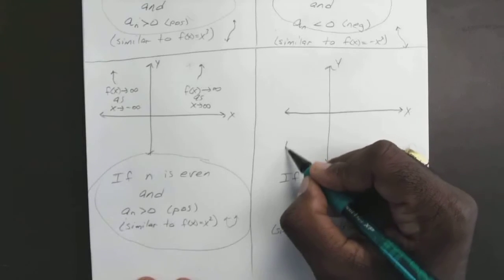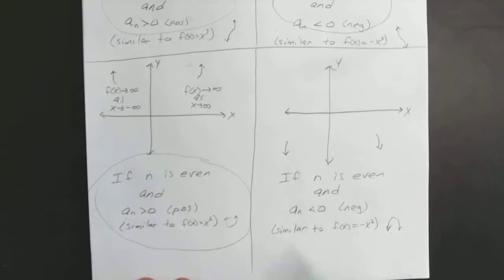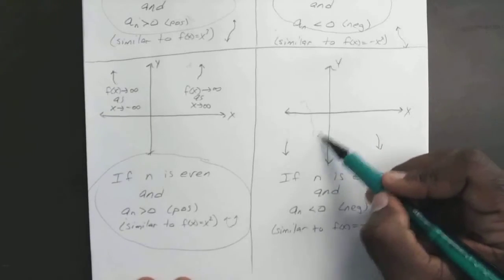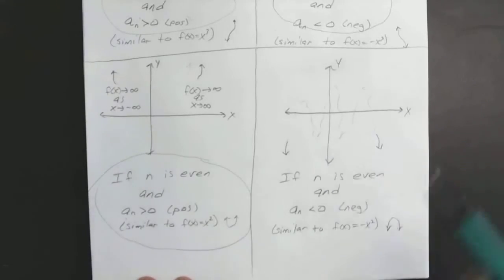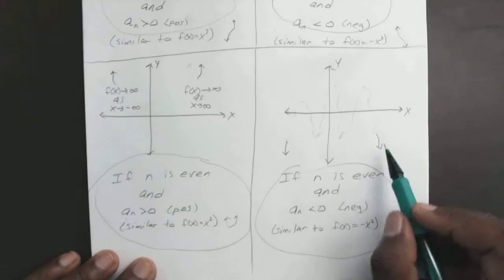One thing we know about negative x squared is that it goes down and to the right and down and to the left. So this one goes down and to the right, down and to the left. Like I said, in between there, we have no clue. It can look like anything under the sun, but we know where those endpoints are going to wind up pointing.